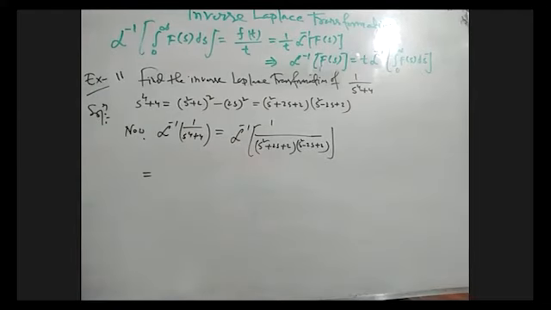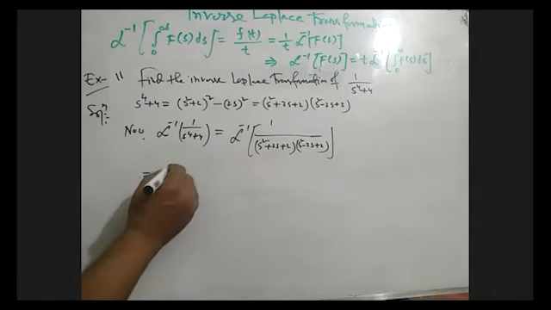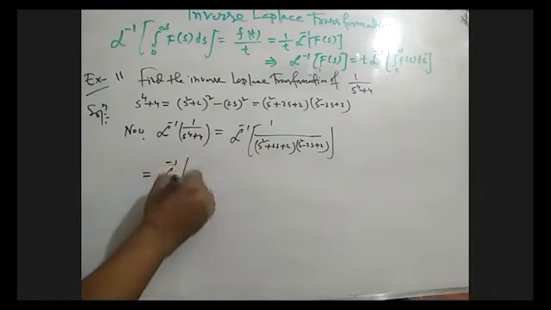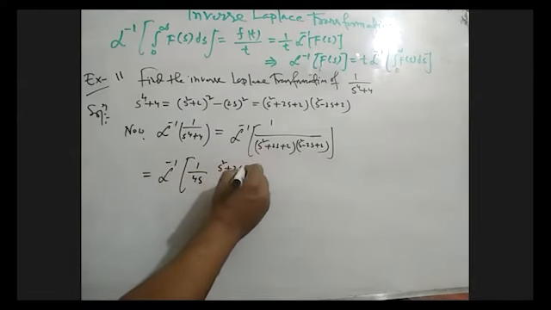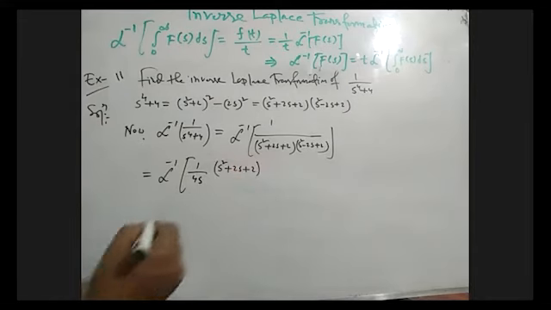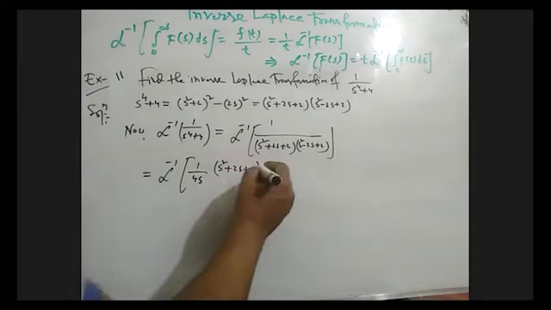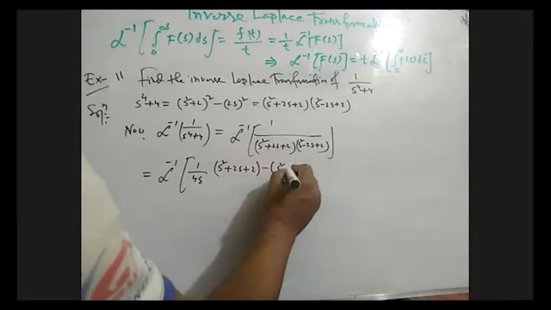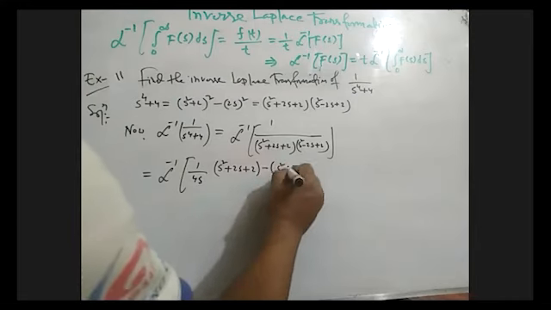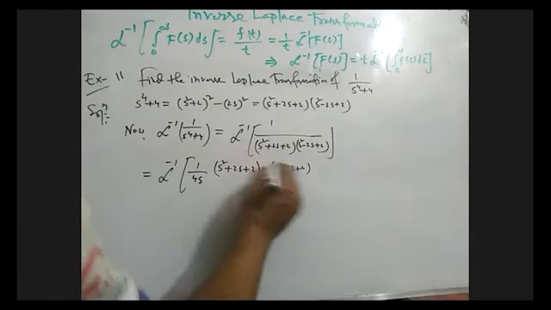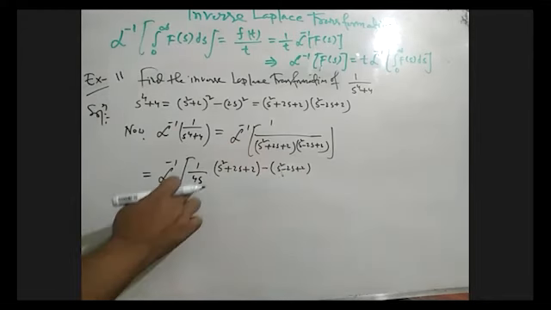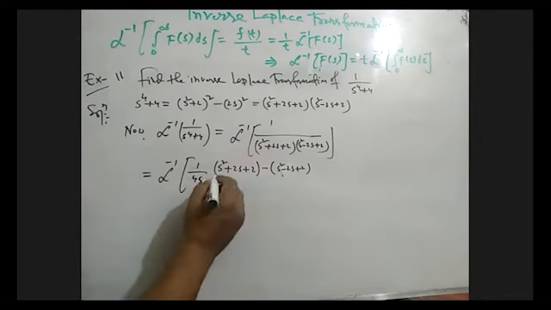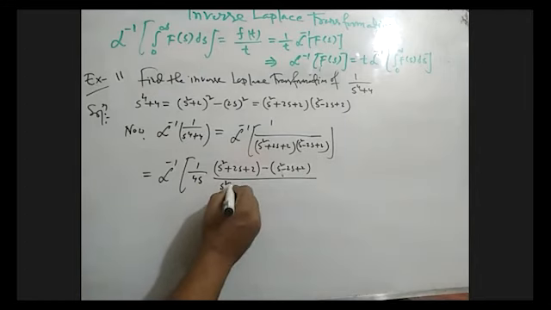And this can be written as 1 by 4s, s square plus twice s plus 2 minus s square minus twice s plus 2. 2 will be cancelled, s square will be cancelled. So twice s plus twice s, what will be? 4s. 4 will be cancelled, s will be cancelled. So this can be written like this.